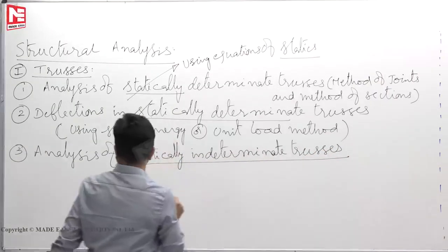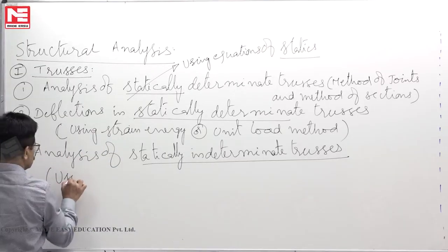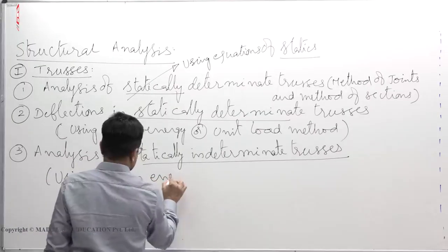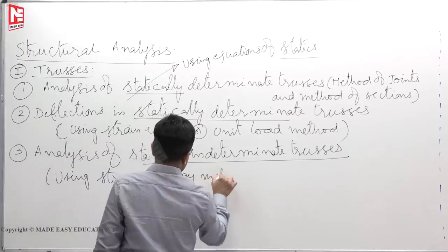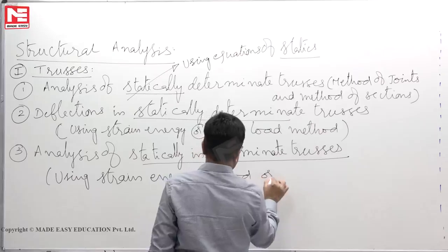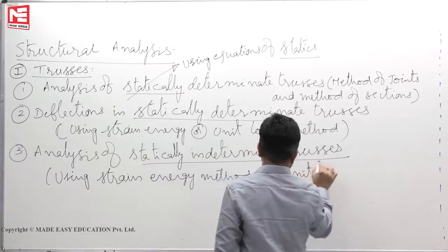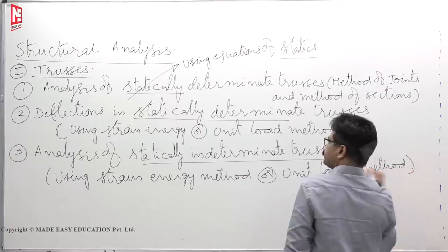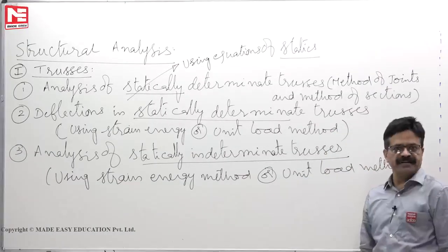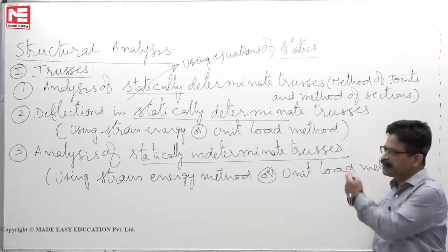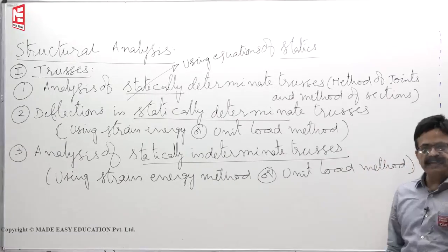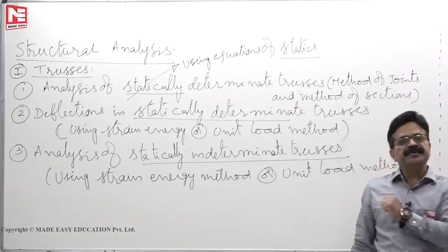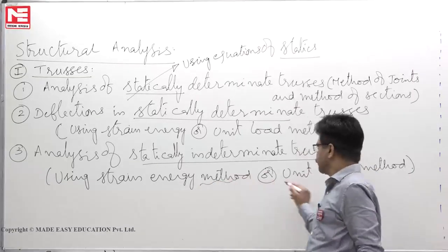Again you will use the strain energy method, or unit load method. Statically indeterminate trusses means using equations of equilibrium you cannot determine them. So, you have to take additional conditions called compatibility conditions. Such compatibility conditions you will get from the strain energy method.